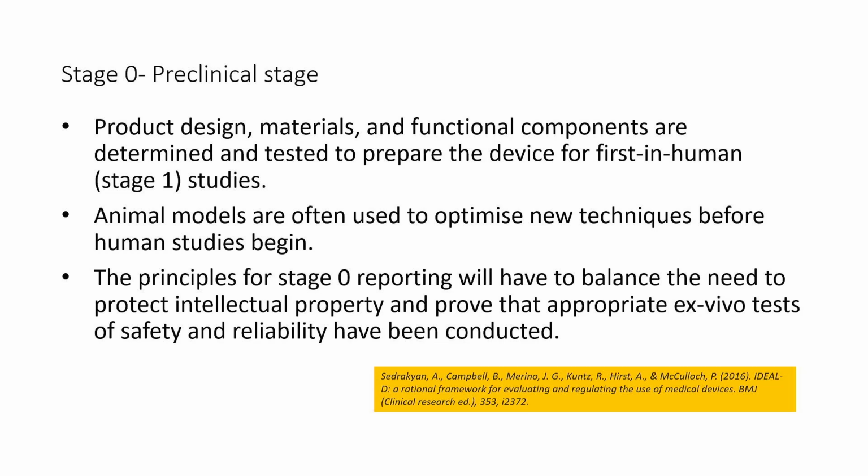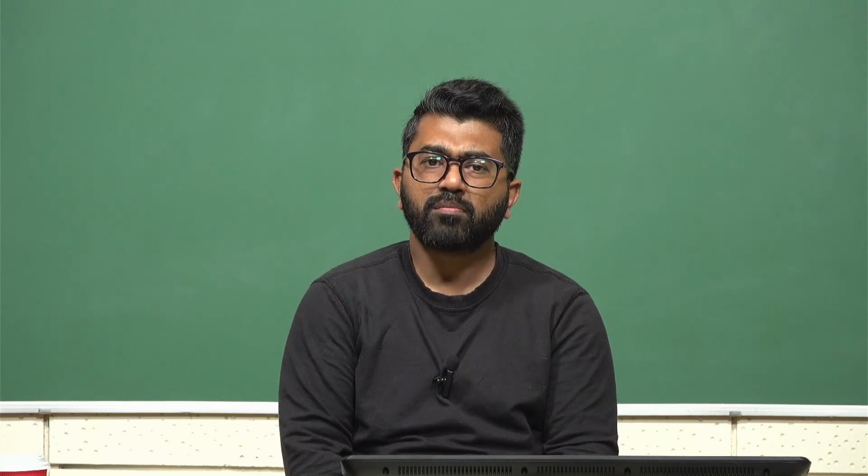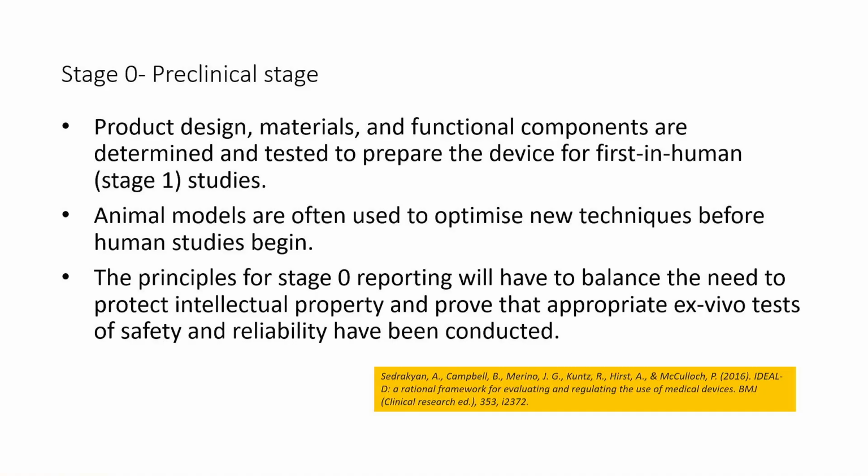So stage 0, which is the preclinical stage, includes where the product design, materials, and functional components are determined and tested to prepare the device for first-in-human studies. So here you're looking at mechanical tests, biocompatibility testing, and all the tests which are laid out in that table which we discussed a while ago, right? Animal models are often used to optimize new techniques before human studies begin.